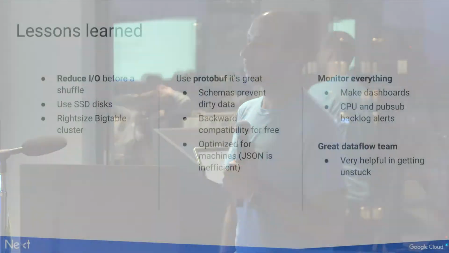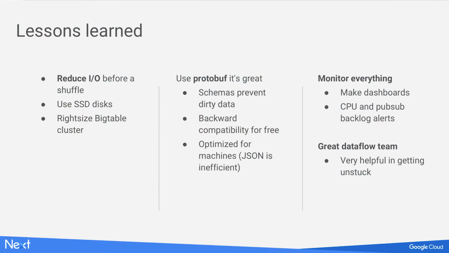Second was using protobufs, or if you're Avro inclined, use Avro. The basic idea here is JSON is really good to start off, but it is very inefficient. A lot of time is spent just serializing and deserializing, serializing and deserializing.